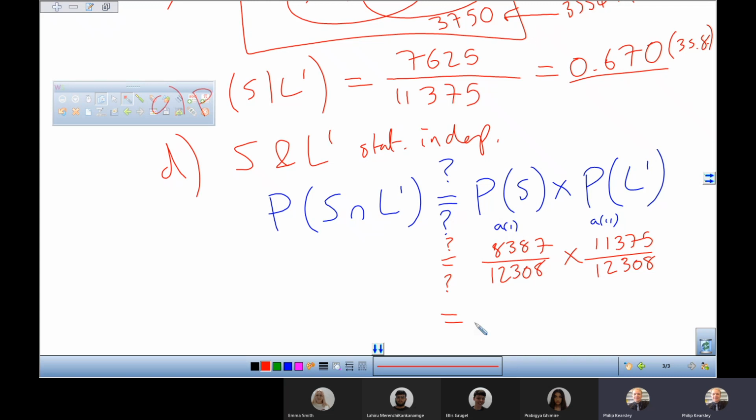So we work out that multiplication, see what it equals as a decimal. S and L dash, S and L dash. Well, that would be the 7,625, not restricted to the L dashes. This is just the chance of S and L dash overall. Let's work that out.